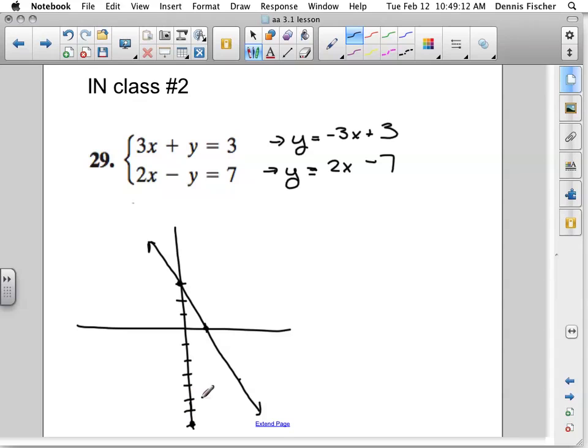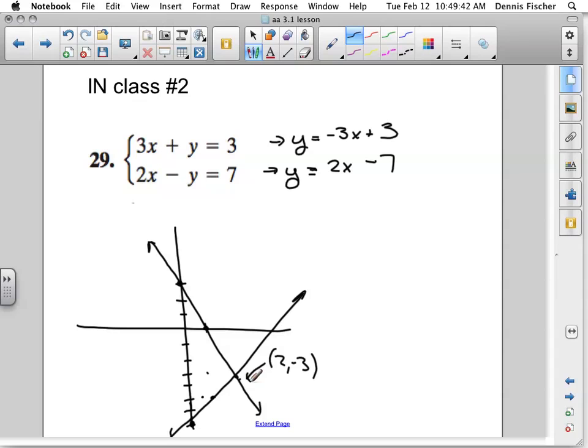Go up 2 over 1. I think my points are a little bit off here. Do they intersect at a nice point? How about 2, negative 3, does that work? It looks like they intersect right here, 2 and negative 3.